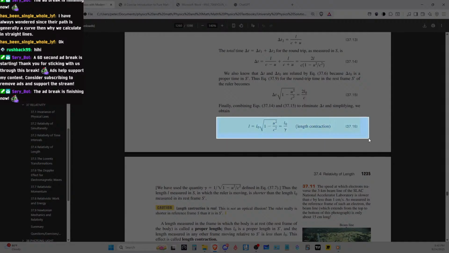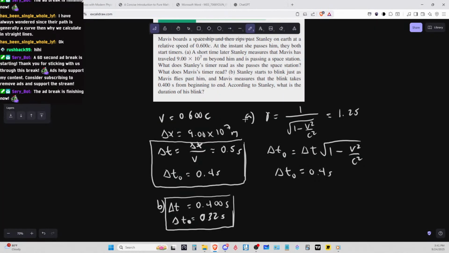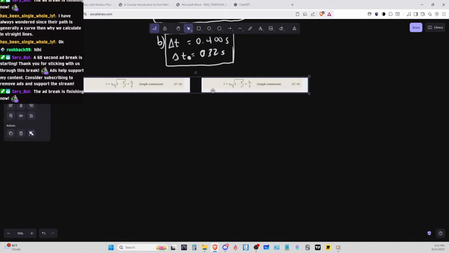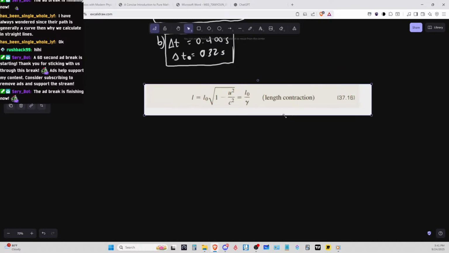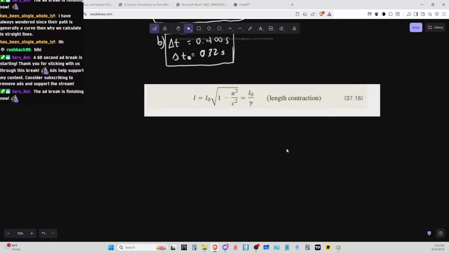So we'll definitely take this equation and put it right here. So that's the actual length, and this is the length of what the person observes. And the velocity, oh okay, so it's practically gamma.